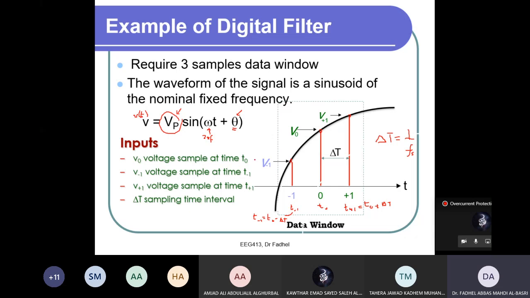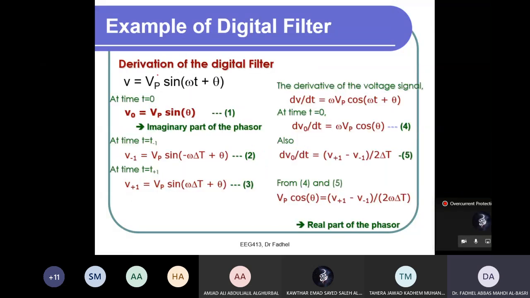So if I have these three values, can I estimate this VB and theta? Yes. So how do we do it? First of all, this is V of t, which is what we want. Now let's assume what is the voltage V of t at time 0. When t is 0, I'll get this. This is the first equation.